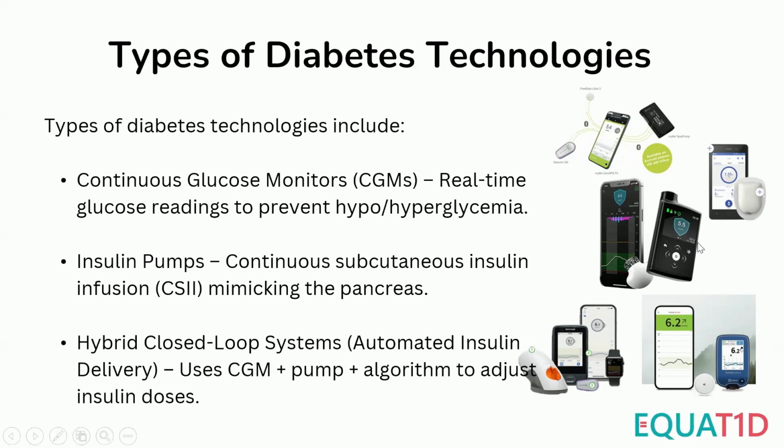And then finally, there's a number of names for closed loop systems or automated insulin delivery or AID, where both a continuous glucose monitor and an insulin pump are used together, along with a mathematical algorithm, so that insulin delivery from the pump is automatically adjusted based on blood glucose readings from the continuous glucose monitor.